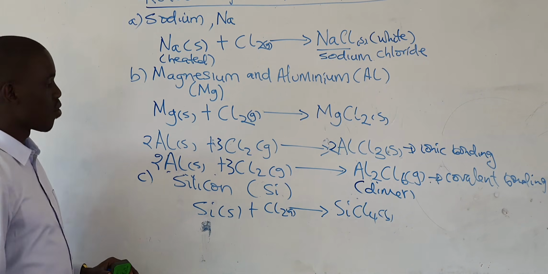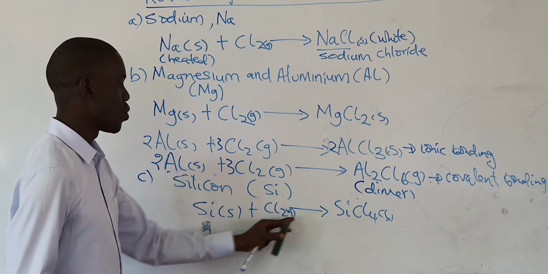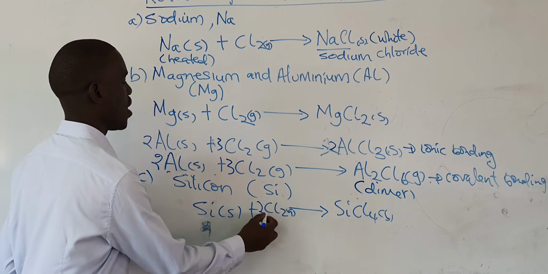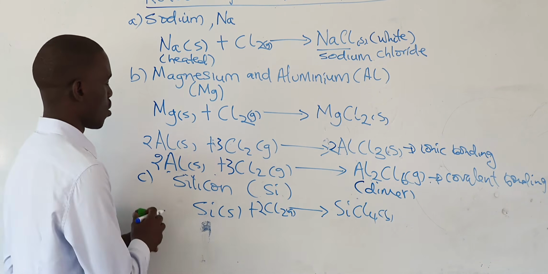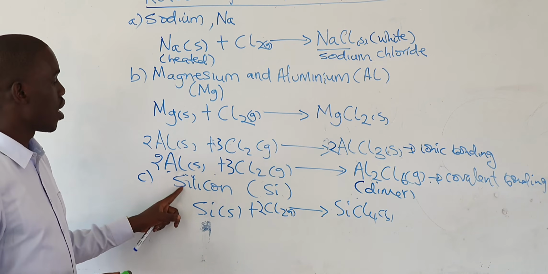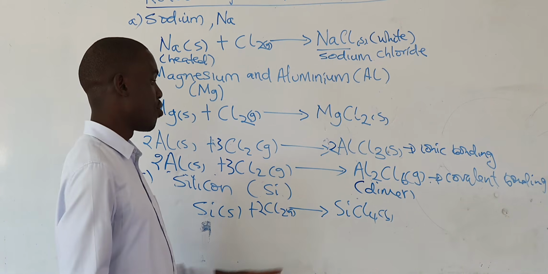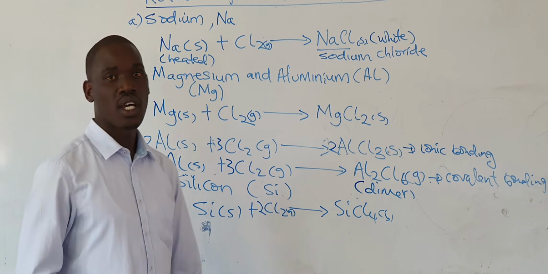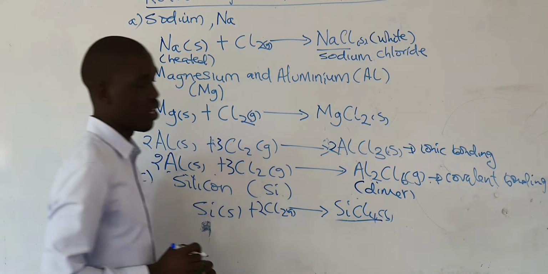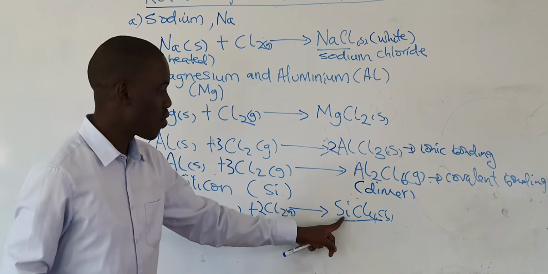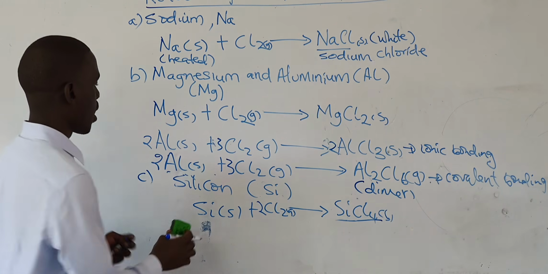We do the balancing of the equation: the atoms of chlorine are 2 on one side and 4 on the other, so we multiply chlorine by 2. Don't forget, silicon reacts slowly with chlorine to form silicon tetrachloride. The structure of this molecule is simple molecular.